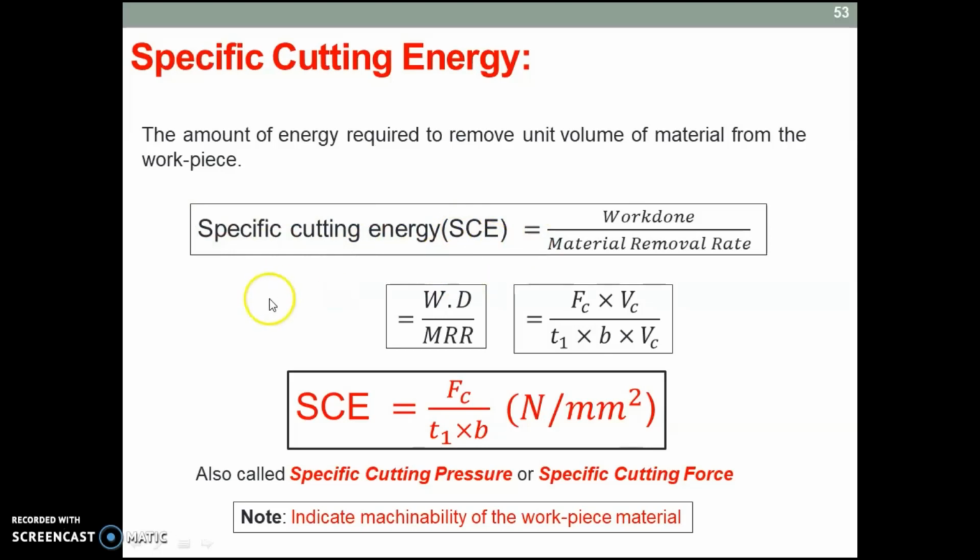So we can say, higher the specific cutting energy for a given material, the lower the machinability, or lower the specific cutting energy for a given material, the higher the machinability, or the higher the material removal rate. So the significance of specific cutting energy is to define whether the machinability is good or poor.